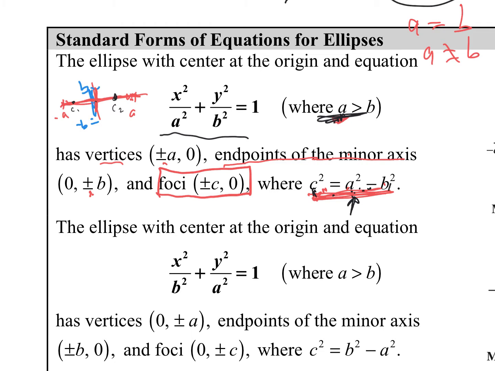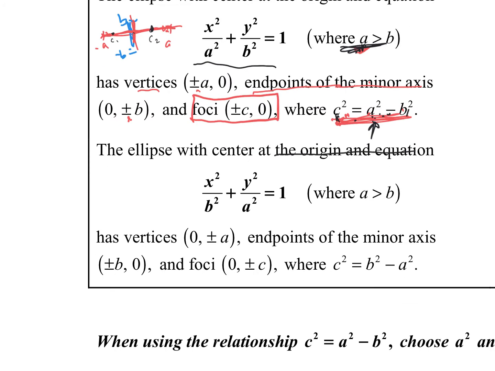The ellipse with the center at the origin will also be x squared over b squared plus y squared over a squared equals 1. Notice how they switched. But a is still the larger one. But now a squared is underneath y squared. So what does this say? Look at the description now. Here are my axes.